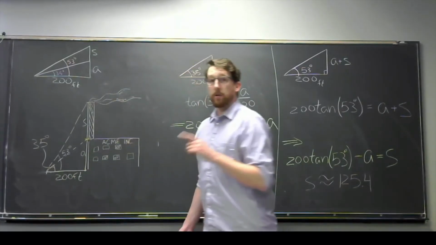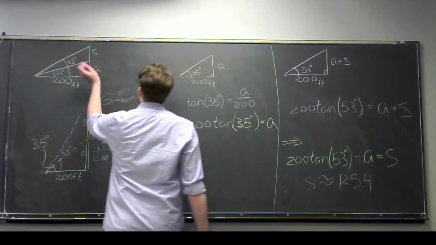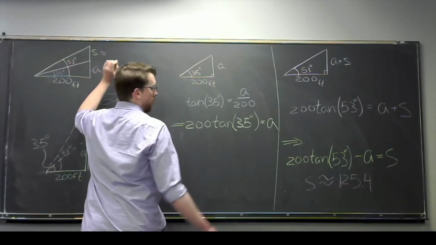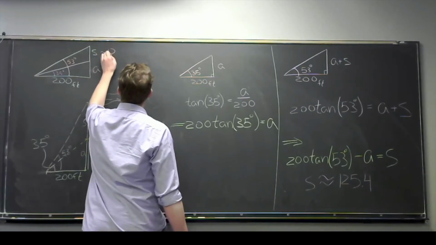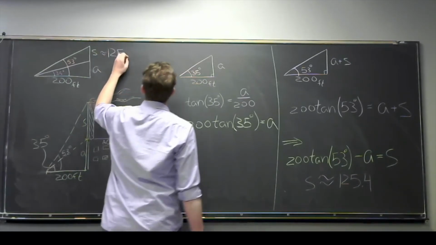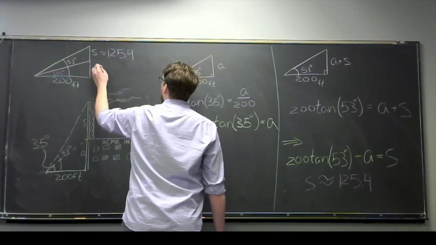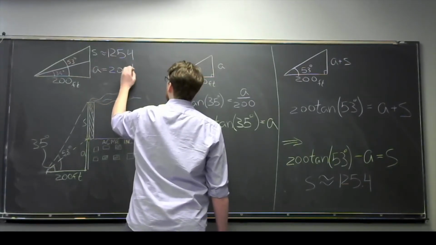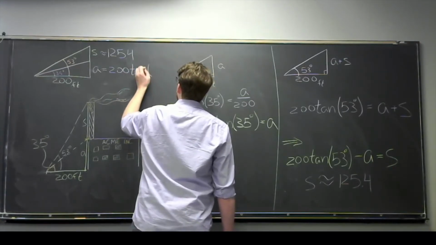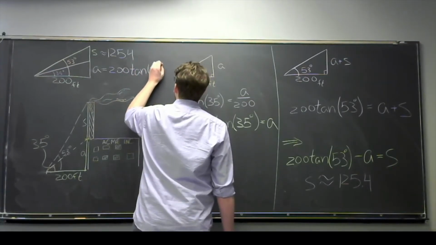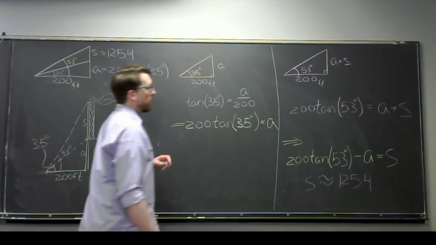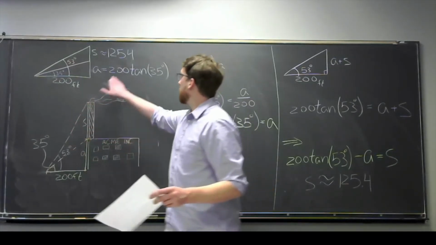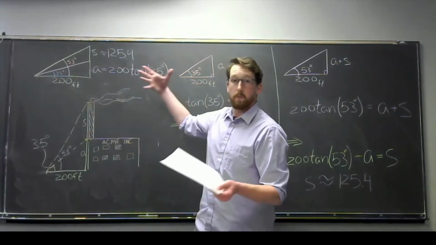So what we just found is S is approximately 125.4 feet, and A is equal to whatever 200 times the tangent of 35 degrees comes out to be. I didn't calculate what that comes out to be, so I don't know the actual number.